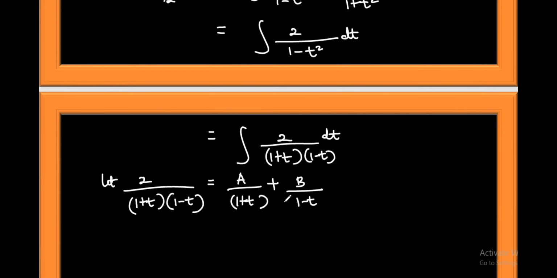So from here, the LCM of the right hand side is the same as our denominator of the left hand side, and therefore they cancel out, giving us 2 equals a into brackets 1 minus t plus b into brackets 1 plus t.